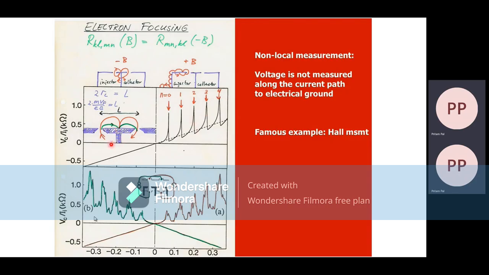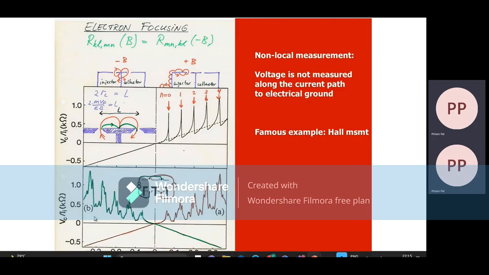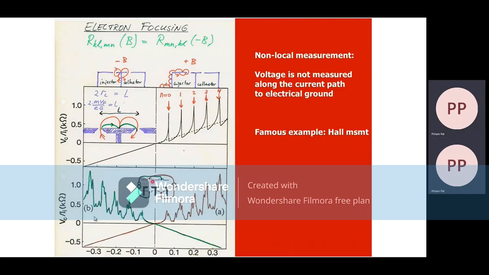In the graph shown here, on the x-axis, we have the magnetic field going from positive to negative. On the positive side, whenever the period of the cyclotron orbits matches the distance between the injector and the detector, we expect to observe a peak, right?